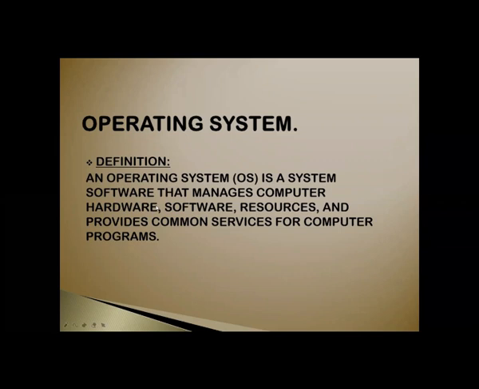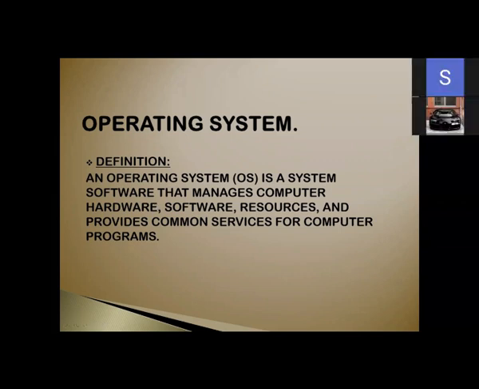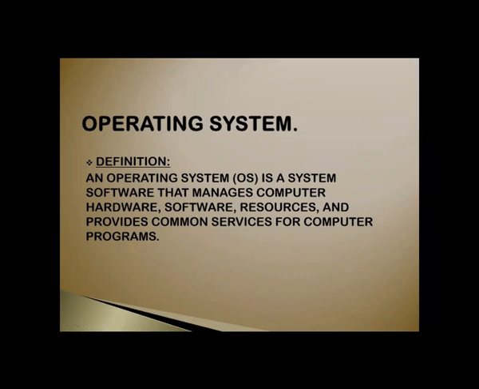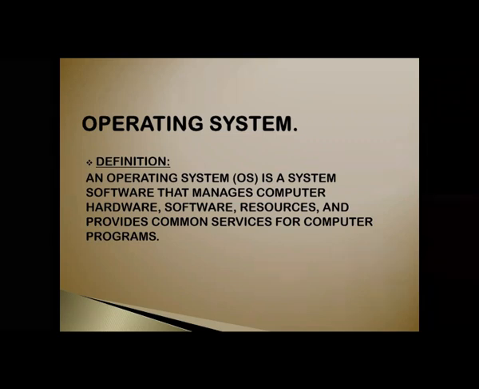So the operating system works as a host of a computer. When we start our computer, we have the desktop on our screen, and that is a graphical user interface. Why graphical? Because it includes different icons and graphics which indicate different functions. The operating system controls all the input output devices.